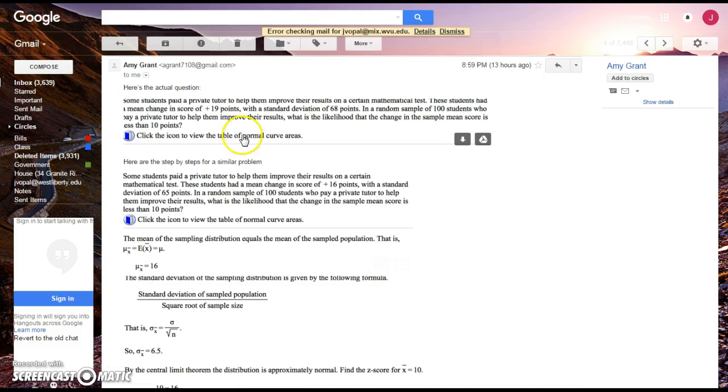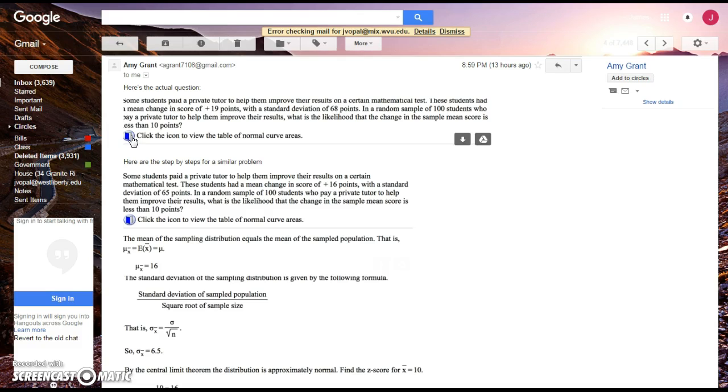So in your particular problem, if you can get to that z value, it's just a matter of looking up that z value in the table, figuring out where that row and column intersect, and that's going to give you your answer.